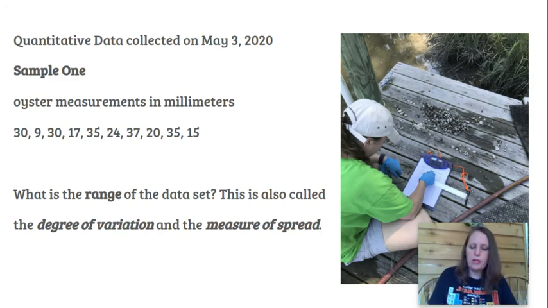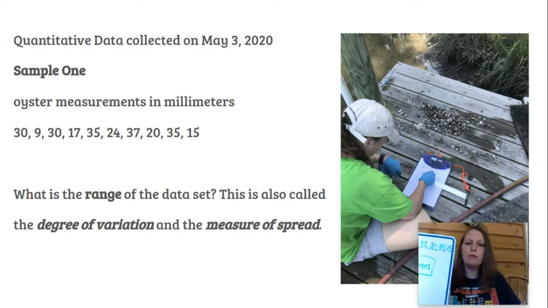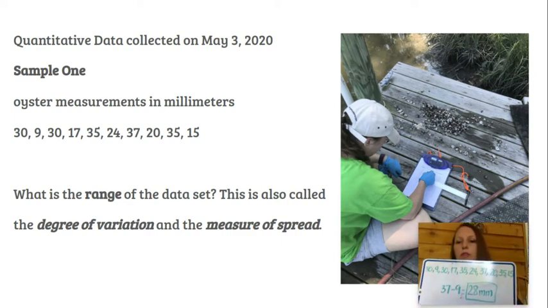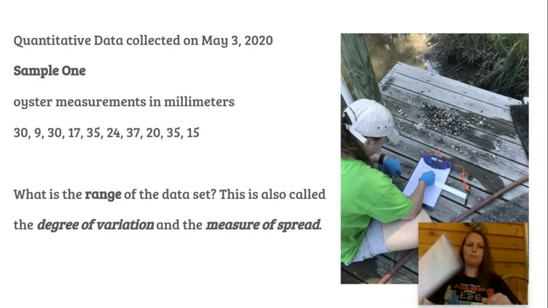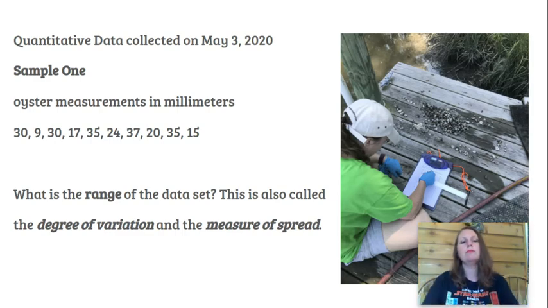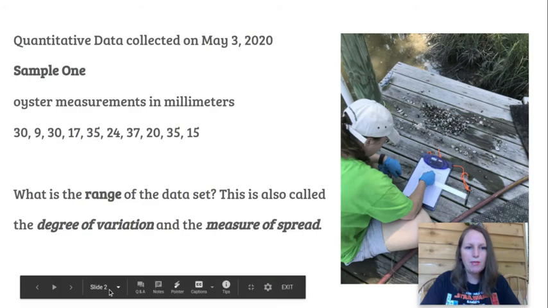All right, so I've got 28. 28 what? 28 millimeters. So the range, or the difference between the longest oyster in that data set and the shortest one, is 28 millimeters. That's a pretty big difference. That's the spread of that data.